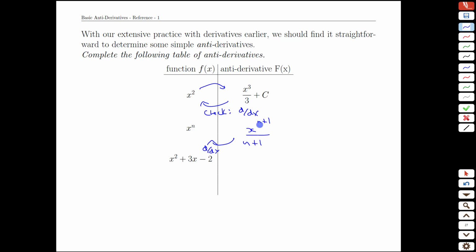We're also going to, when we differentiate, pop out an n plus 1 that we don't want on this left-hand side. And this leads to a rule that I usually say out loud as add 1 to the power and divide by the new power.